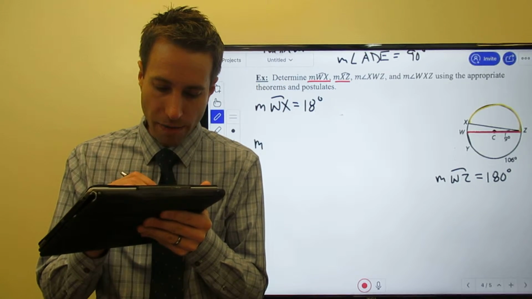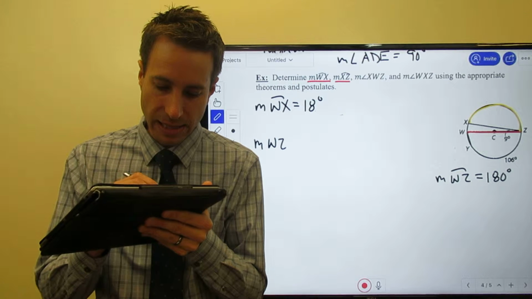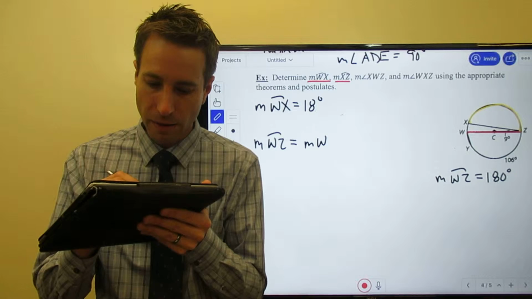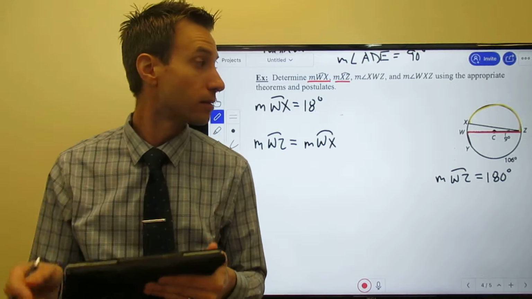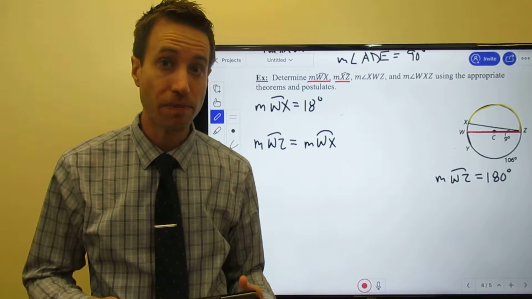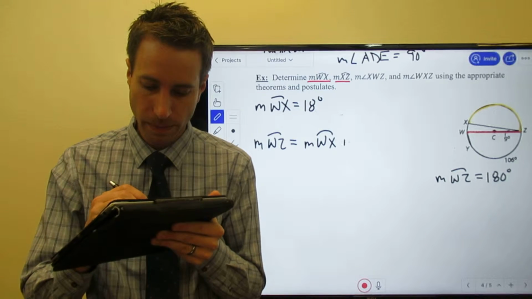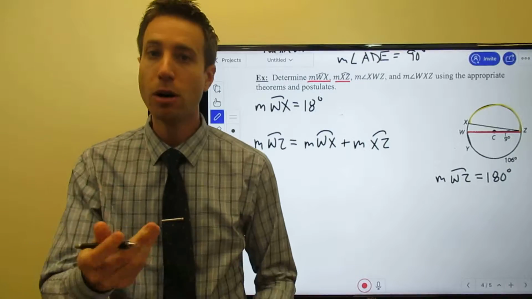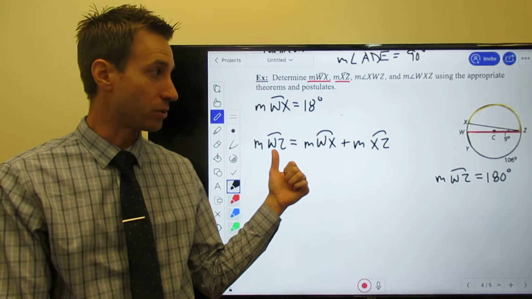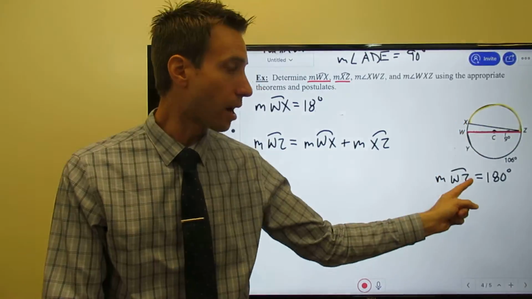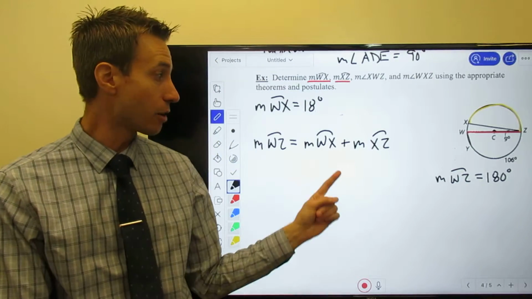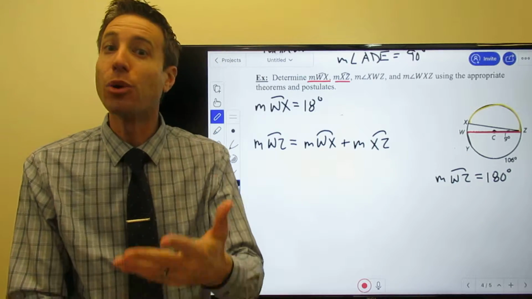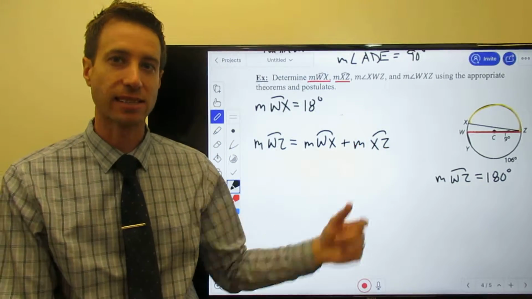The measure of arc WZ is equal to the measure of WX, which I just found, plus the measure of XZ. Look, I know the measure of WZ. It's a semicircle. It's 180 degrees. And I know the measure of WX. I just found it. It's 18 degrees, which means the only thing I don't know is XZ.